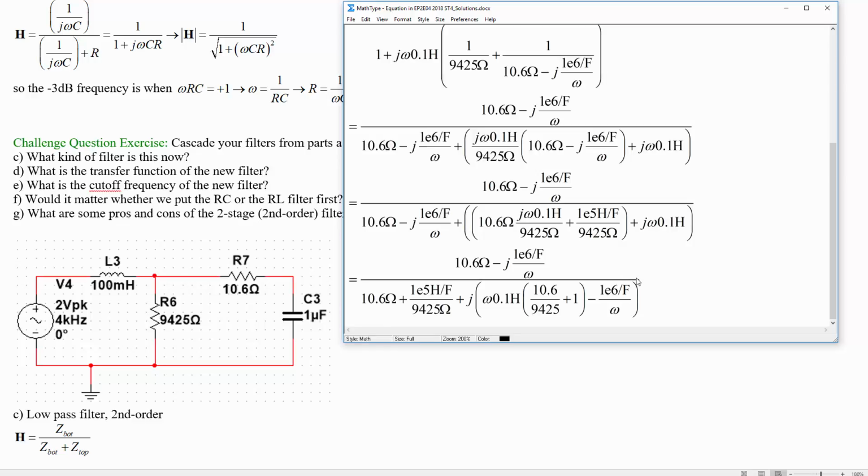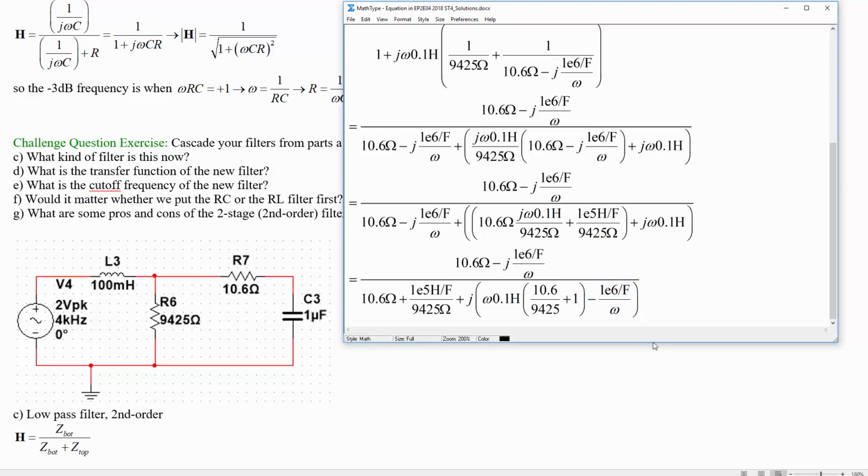So if omega goes to 0, then this term dominates the numerator and the same term dominates the denominator, so that same thing is limiting us to 1. And if omega goes to infinity, then we've got at least potentially two things that are making it go away. We've got this term disappearing, which was giving us a lot of gain.